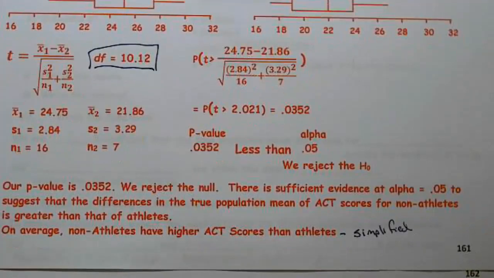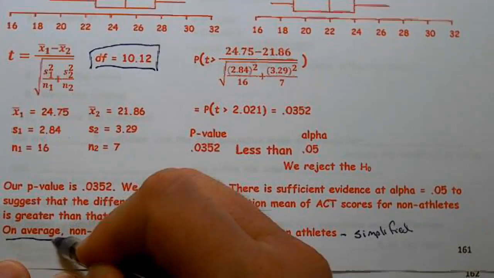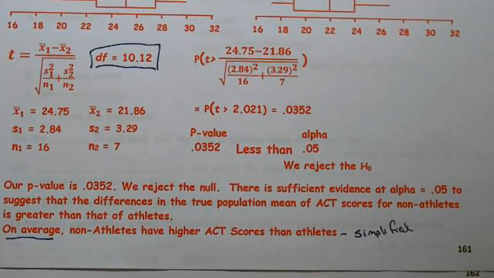Just really straightforward, nothing long, nothing fancy, on average. And by the way, because we're talking about means, on average, non-athletes have higher ACT scores than athletes, because that's our general consensus. All right, so that's the one on hypothesis test. The next one we will do will be on confidence intervals.